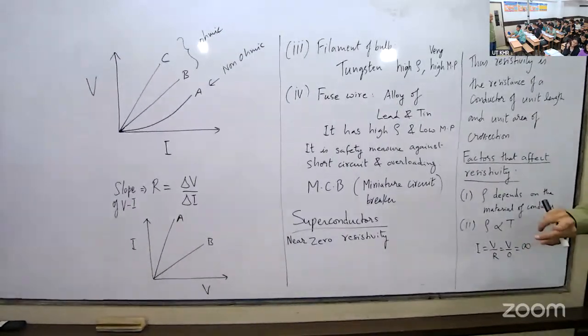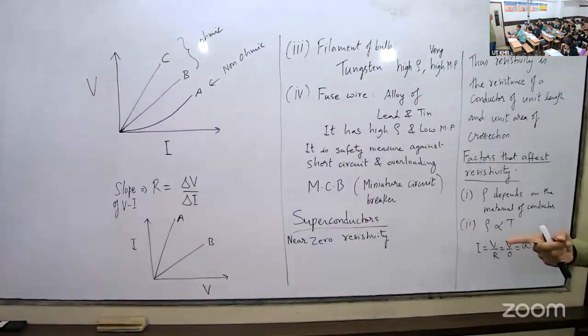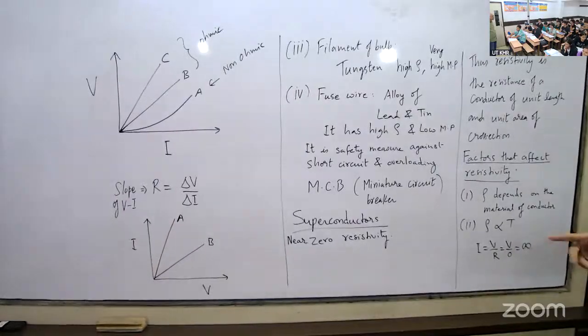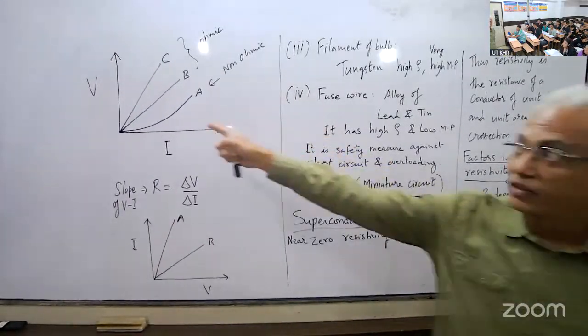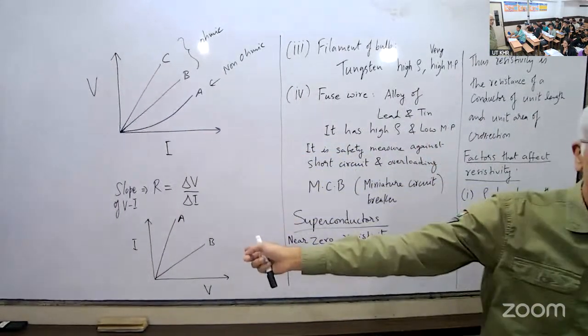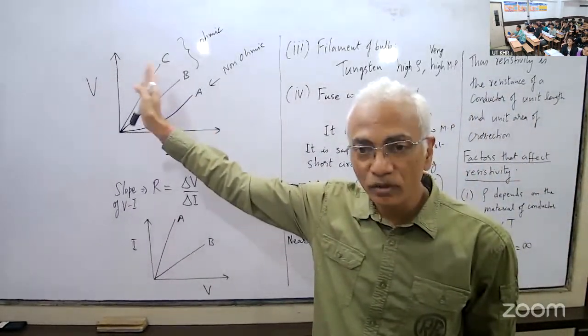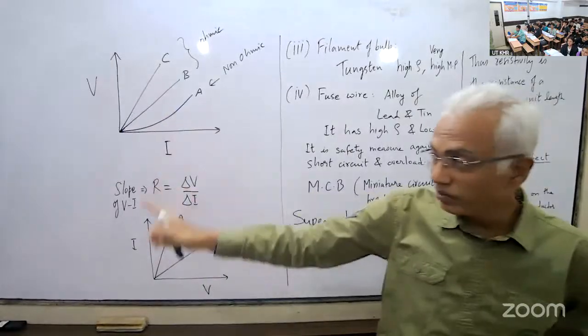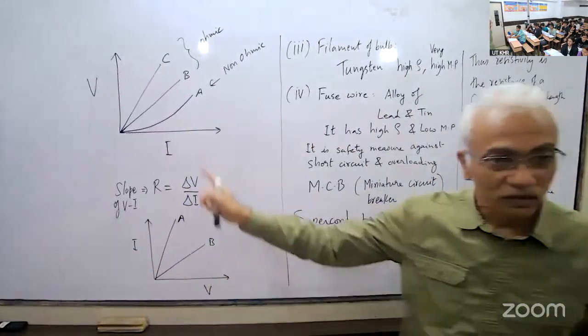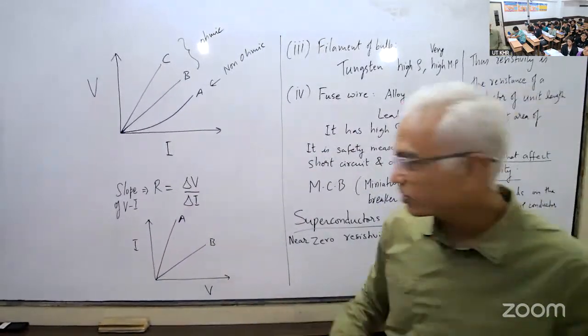So now what is resistance? 1 by R. So this is the disguise. This is how they will twist the question. It's not that always higher slope means high resistance. It depends whether it is IV graph or EI graph. So what is the slope here?